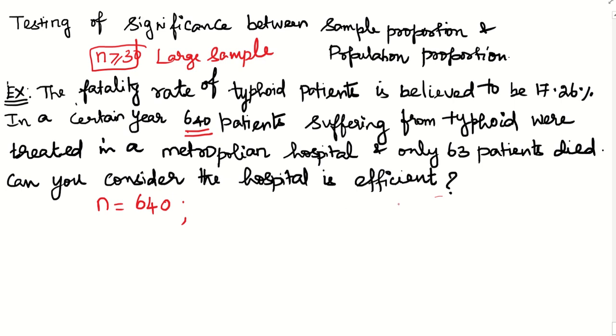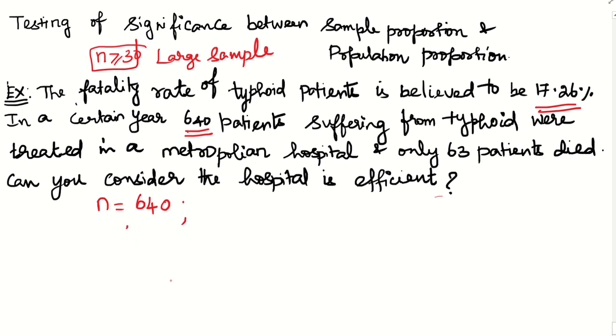Now in the question it is given, the fatality rate is believed to be 17.26%. That means it tests the proportions. So now first of all let us have the sample proportion.